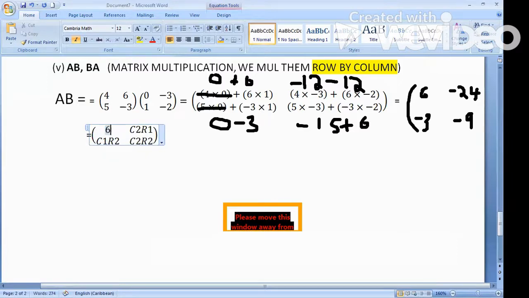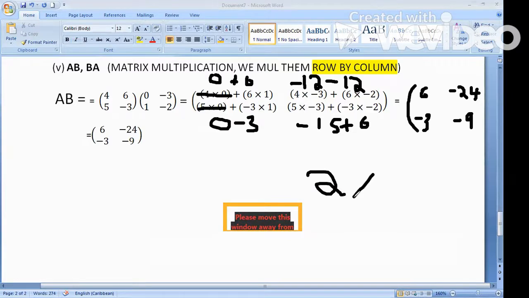So this is 6, -24, -3, -9. That's the answer. So that is matrix A multiplied by what? Matrix B.